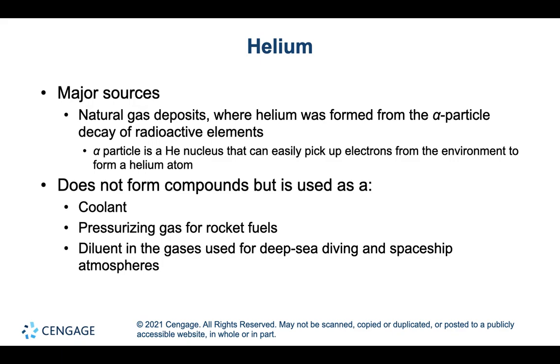Helium's found in natural gas deposits where alpha decay of radioactive elements concentrate helium underground. Doesn't form compounds, but can be used as a coolant because liquid helium gets all the way down to 4 Kelvin, as a pressurizing gas, to mix with gases for deep sea diving, and obviously for helium balloons and blimps.